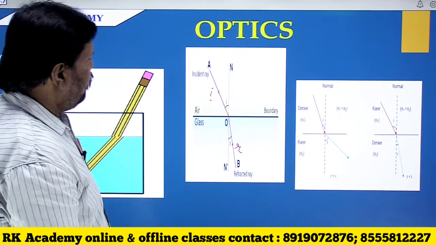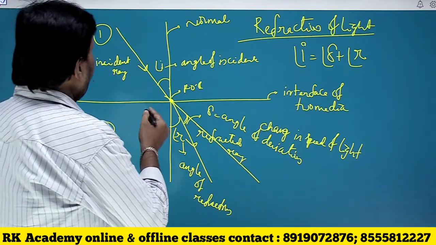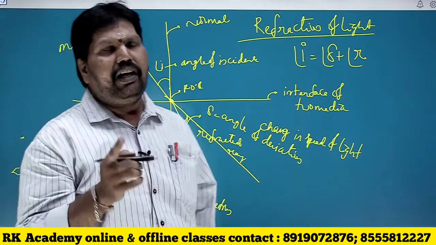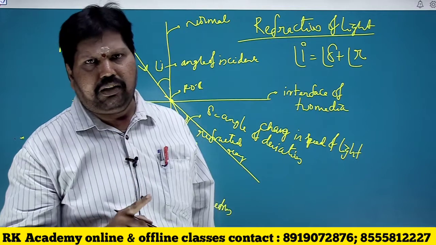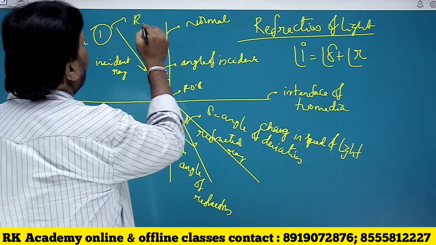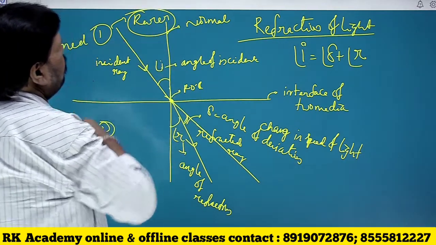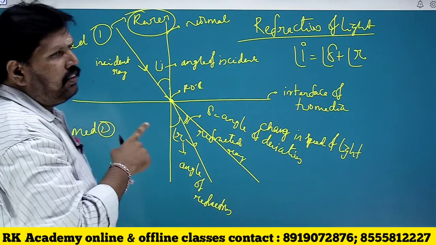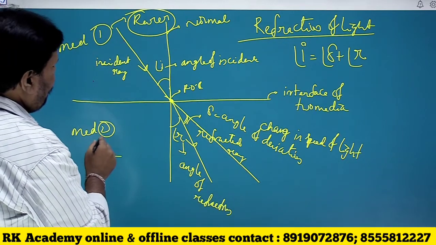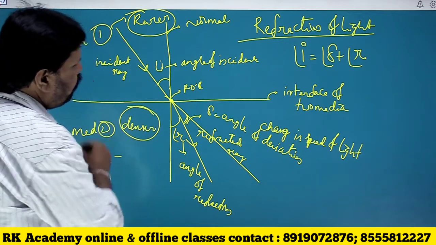And here, of the two media, this is medium 1 and medium 2. If the speed of light is more in medium 1, then that medium is known to be the rarer medium. Rarer medium is a medium in which the speed of light is more. If the speed of light is less in medium 2, this is known to be the denser medium.